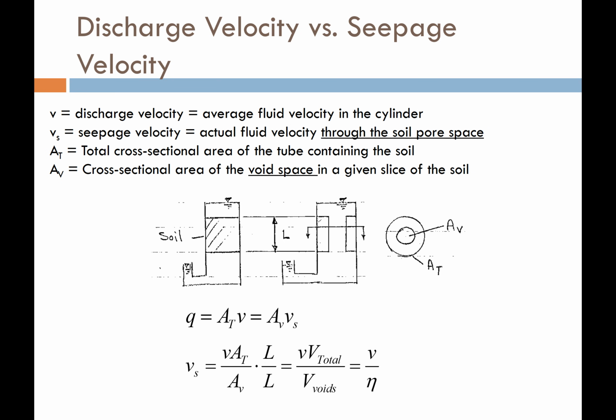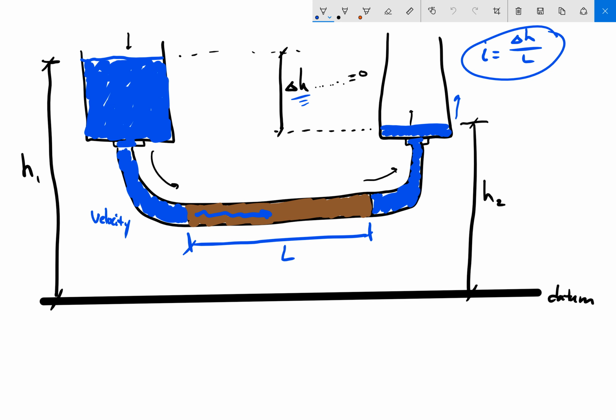Now, one thing that I want to talk about that is pretty interesting. Let's go back to our little whiteboard here. When Darcy was measuring velocity, what he was measuring was the rate that the water was dropping in the tank. Okay. But here's an interesting question for you.